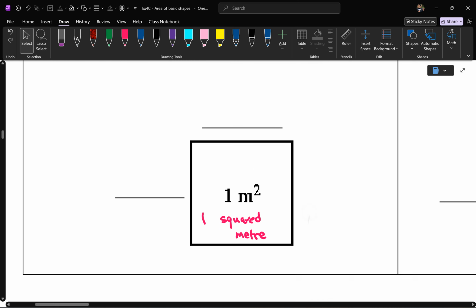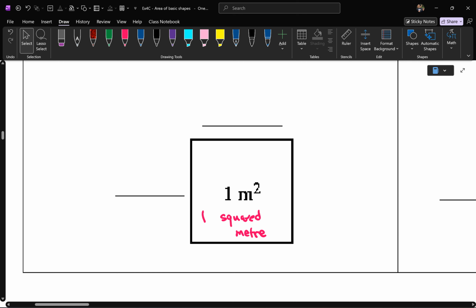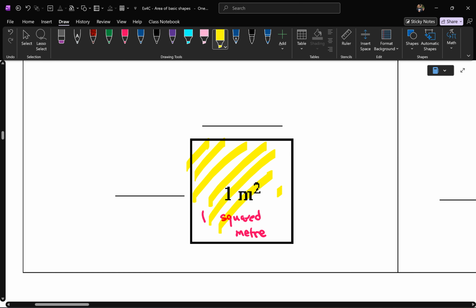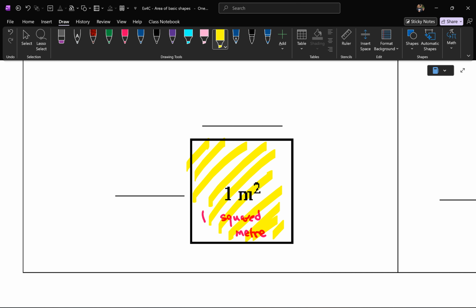All right, back to this point. When you have a square meter, this is an area. So if you think about that, this is a space. 2 dimensions, you need 2 lengths. So 1 square meter must mean you need 1 meter one side times by 1 meter by the other side.